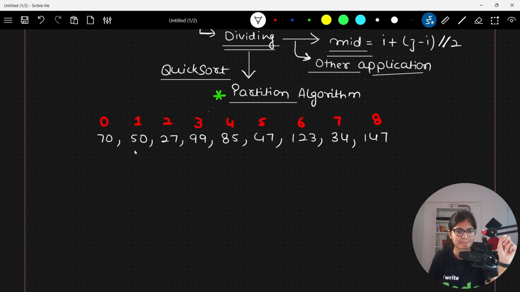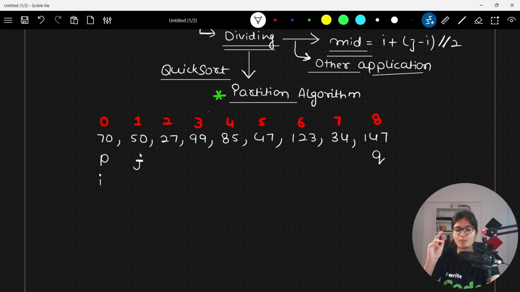Now, suppose the starting index is P and the ending index is Q. There are two variables that we have. One is called I, which is initialized with the value of P, and J is equal to I plus 1.